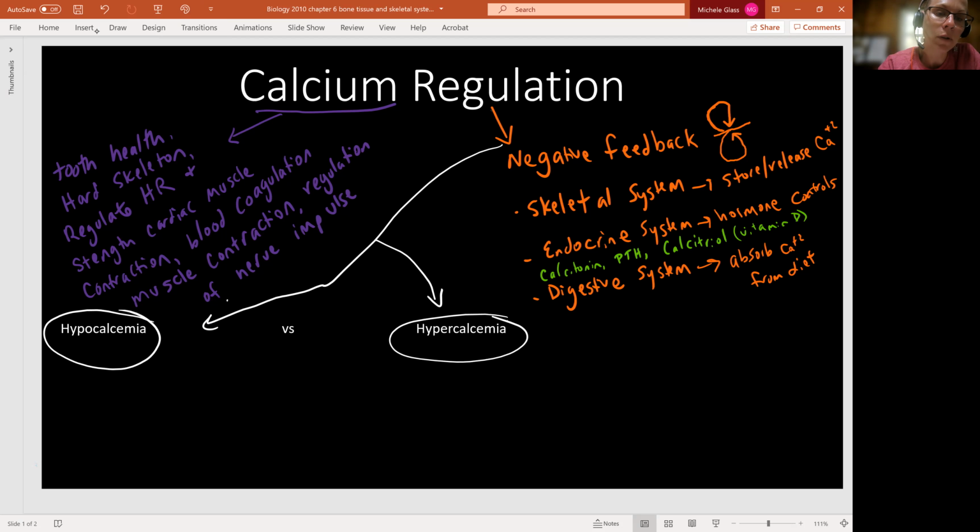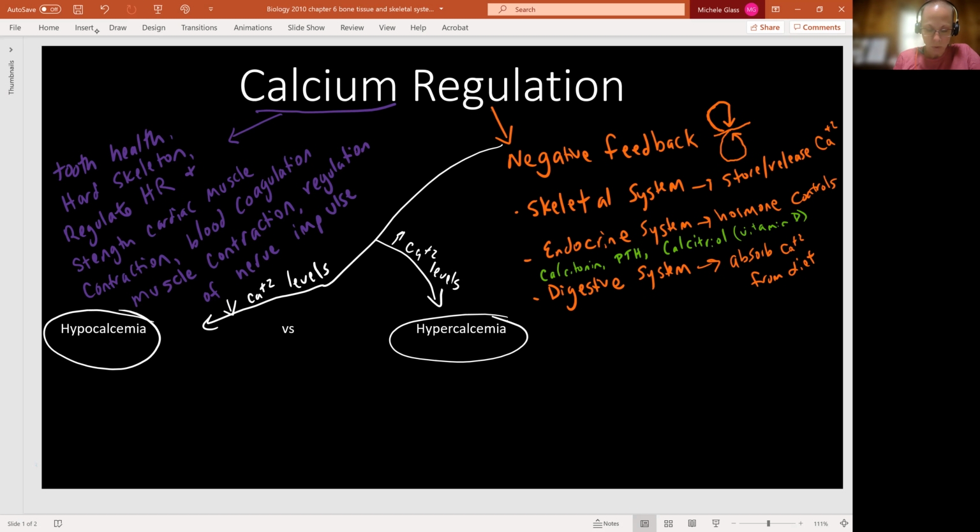So if you have hypocalcemia, you have low blood calcium levels. And if you're experiencing hypercalcemia, hyper means above. So in this case, you have high or elevated blood calcium levels. Talking about these two extreme conditions helps us to understand the overall significance of calcium regulation.